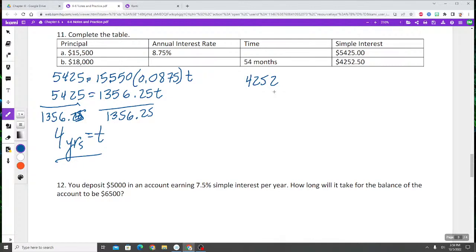All right. So $4,252.50 is interest, and the principal is $18,000. We don't know the interest rate. We know the time is 54 months. 54 divided by 12, though, gives me 4.5 years.